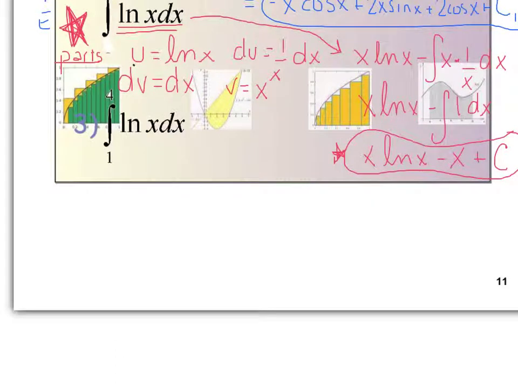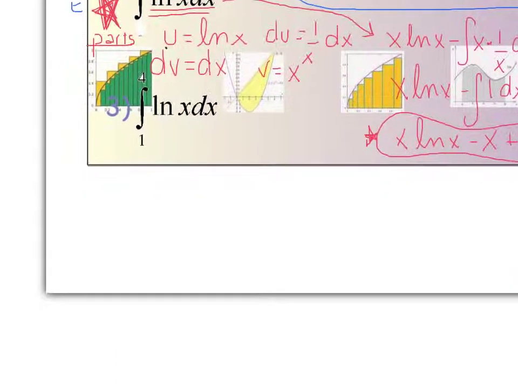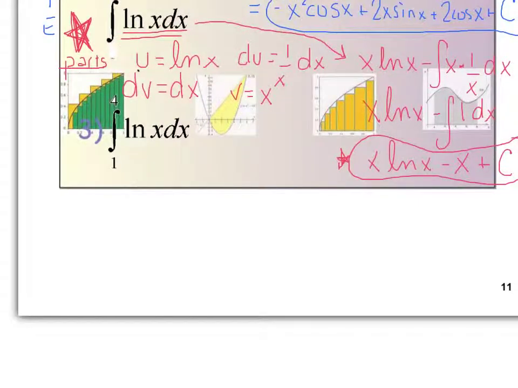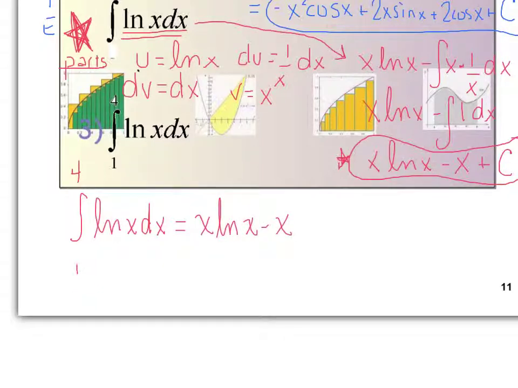So then how would you do the definite integral, where you're just evaluating this thing from 1 to 4? So the integral from 1 to 4 of natural log of x dx would simply be the antiderivative, which is x ln of x minus x. Now I could put a plus c there, but you know it will just subtract out. So I just really want to evaluate that from 1 to 4.